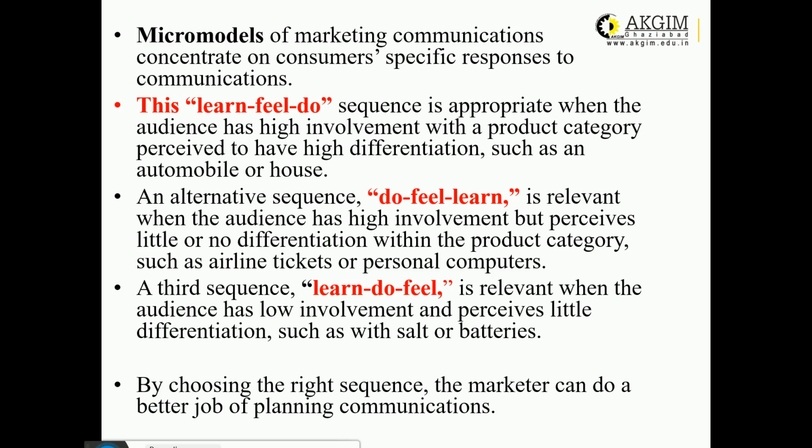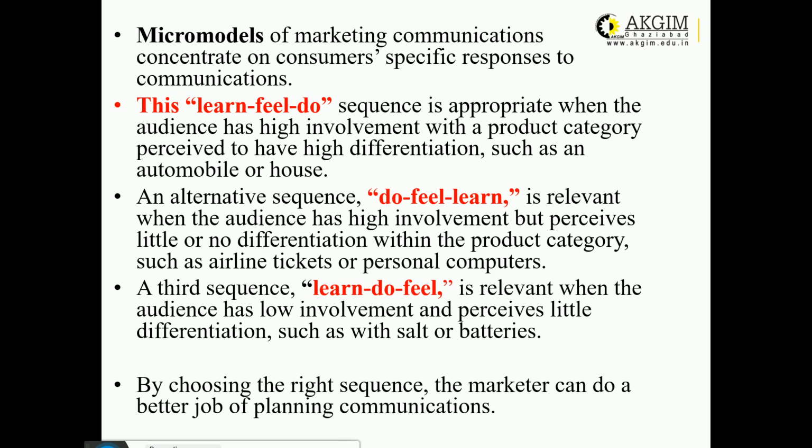The first one, learn, feel, do, is appropriate when the audience has high involvement with the product category, and the product category is perceived to have high differentiation, such as an automobile or house buying. So the consumer first tries to learn about the different brands available and their different features. Then they develop an attitude or a feeling, and finally they take a final decision. So this is the learn, feel, do response.